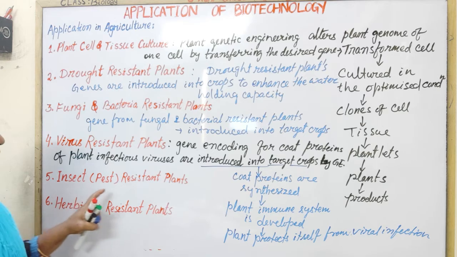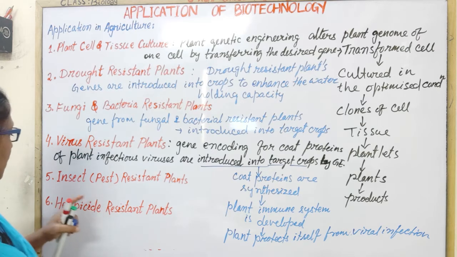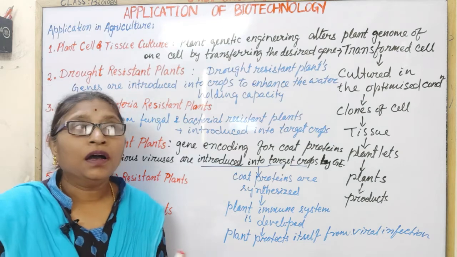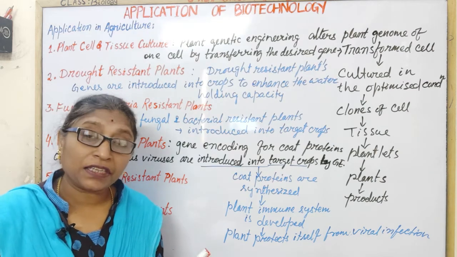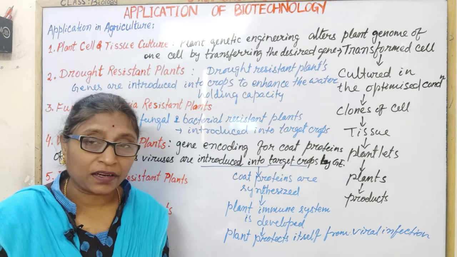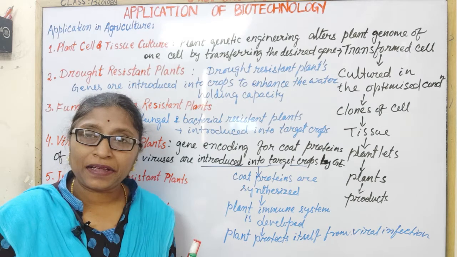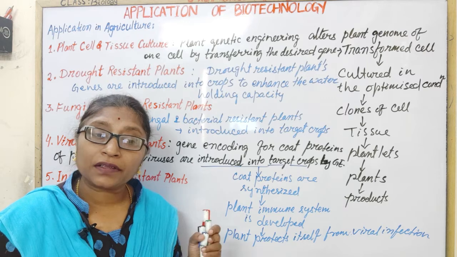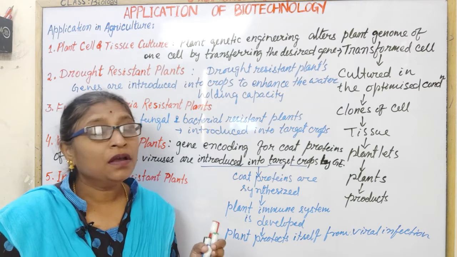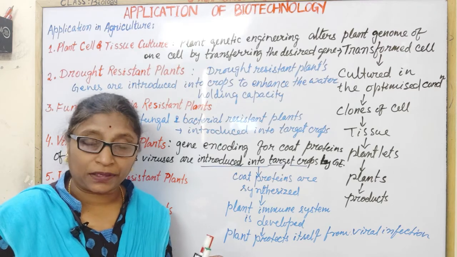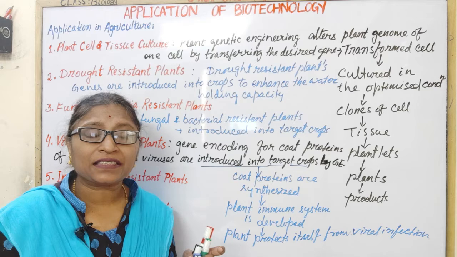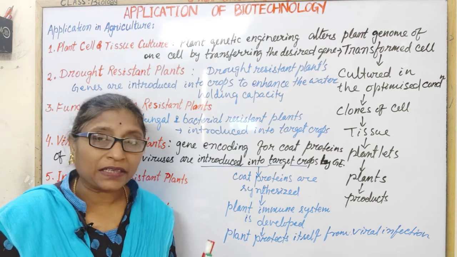Then insect resistant or pest resistant plants are developed by synthesizing the pest resistant protein. How? Some bacteria produce some protein which can resist pests.